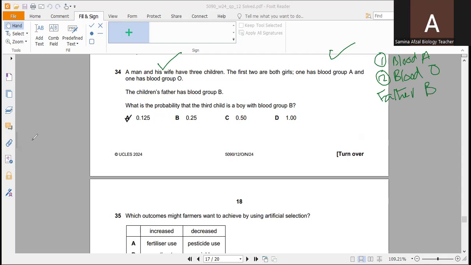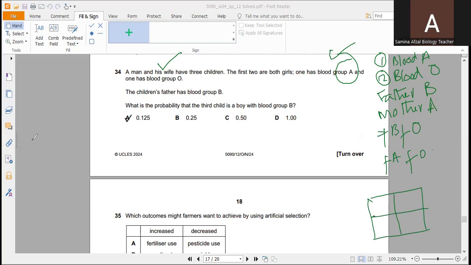If one of the children has blood group A, it means the mother could have blood group A. Otherwise, there is no possibility of producing blood group A. So the mother can have blood group A. Considering the genotype of the father as B and the mother's genotype, according to the Punnett square we can have four children in this way.